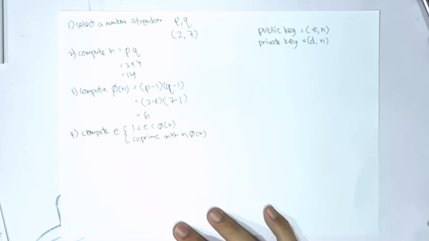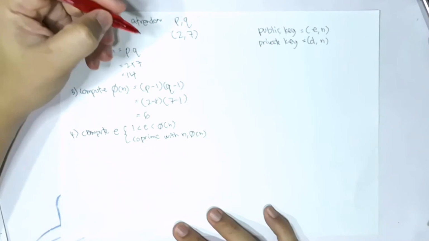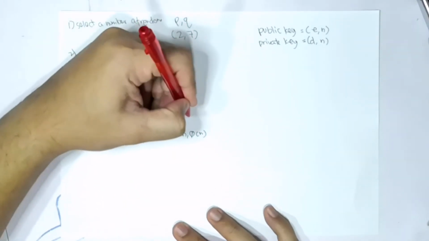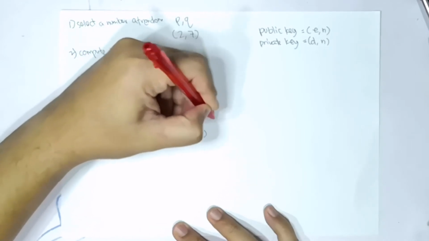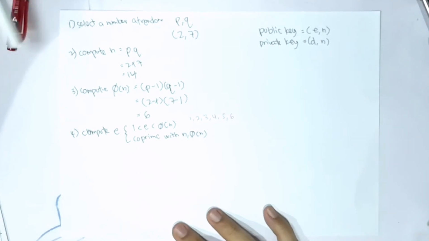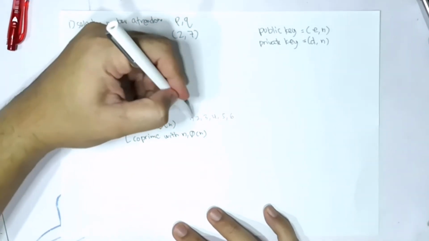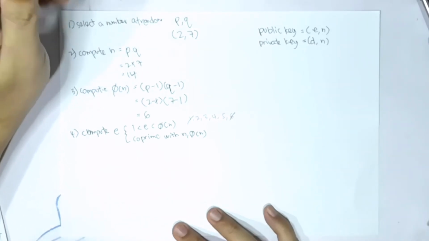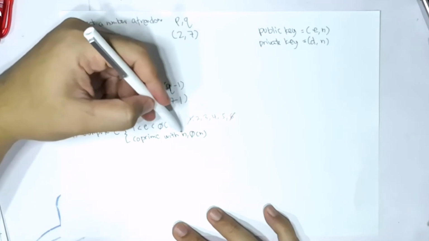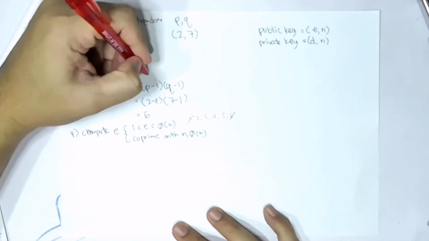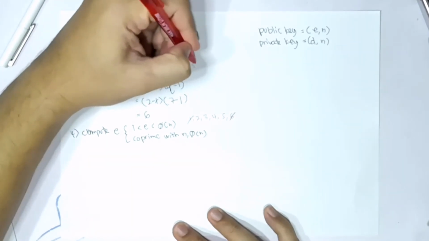Because it is 6, so we have 1, 2, 3, 4, 5, 6 numbers. So 1 and 6, we can cancel it. Then what is co-prime with N and phi N?